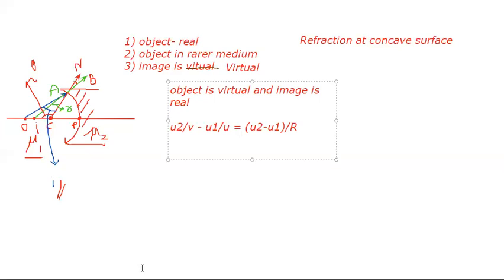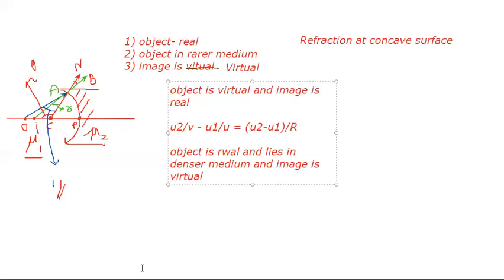And if the object is real and lies in the denser medium and the image is virtual, then the expression becomes mu2 by U minus mu1 by V with a minus sign.